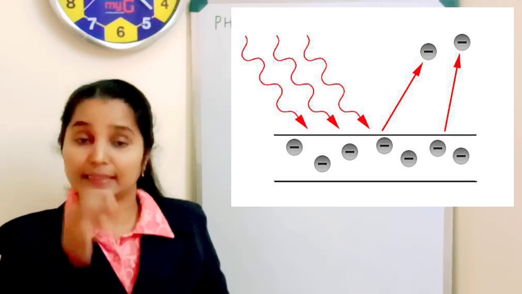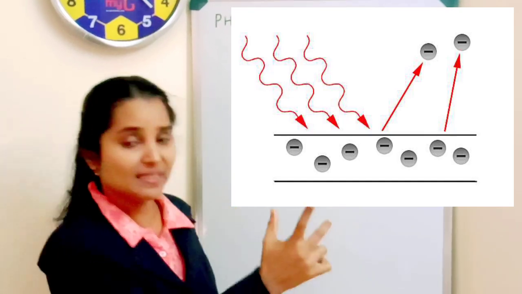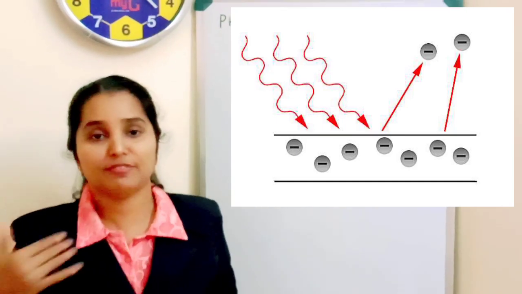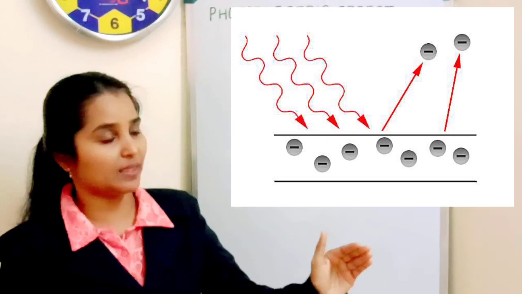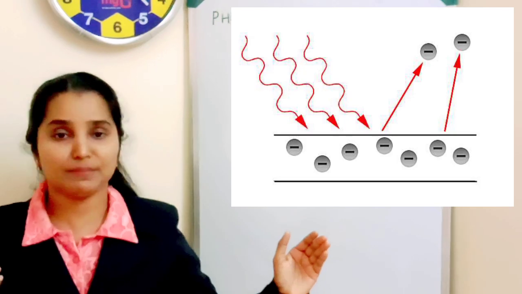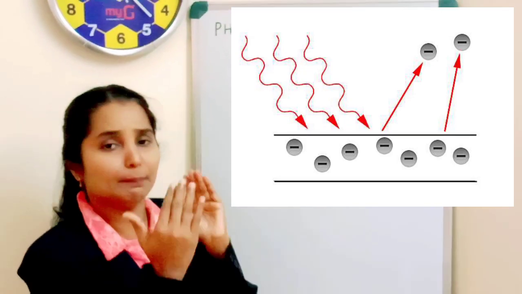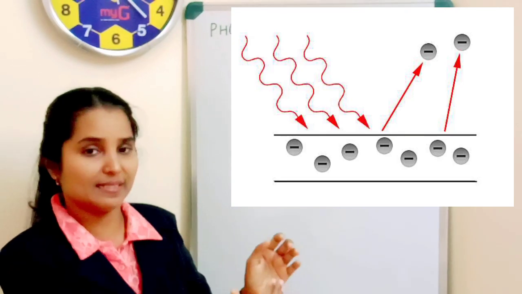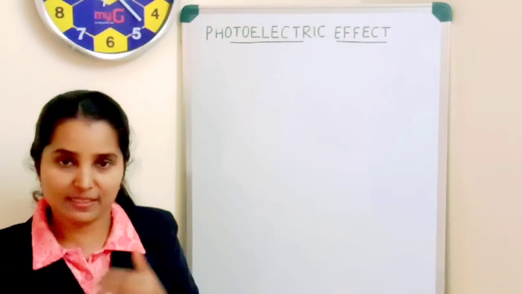The moment the light strikes the metal surface, that moment itself electrons are ejected. There is no time lag between the striking of the light on the metal surface and the ejection of electrons. So it happens simultaneously.